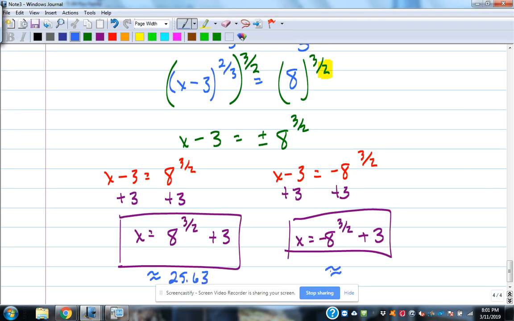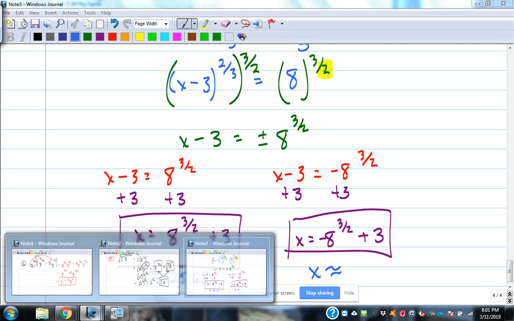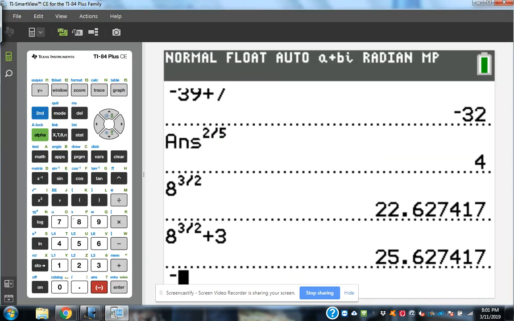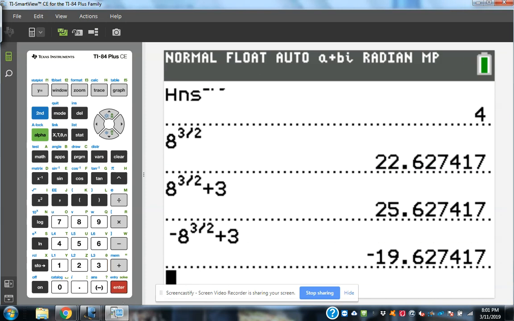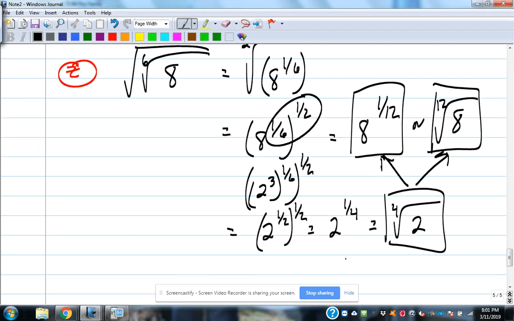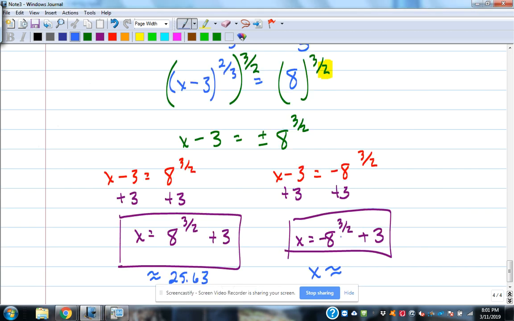And then this one would be negative 8 raised to the 3/2 plus 3, negative 19.63. So those are the decimal approximations for that.